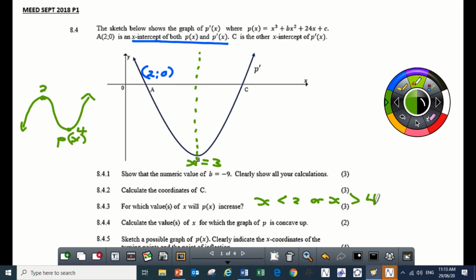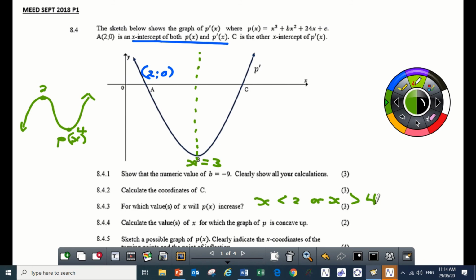Do you use the second derivative? Yes. Today I'm going to show you a second method, which is probably easier. Already we know that, remember, the x value at the turning point of the first derivative is the x value at the point of inflection. Remember that?